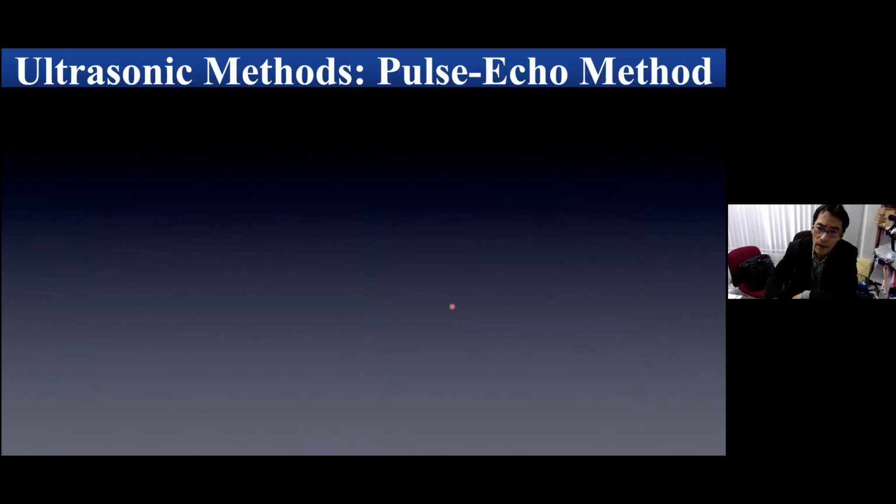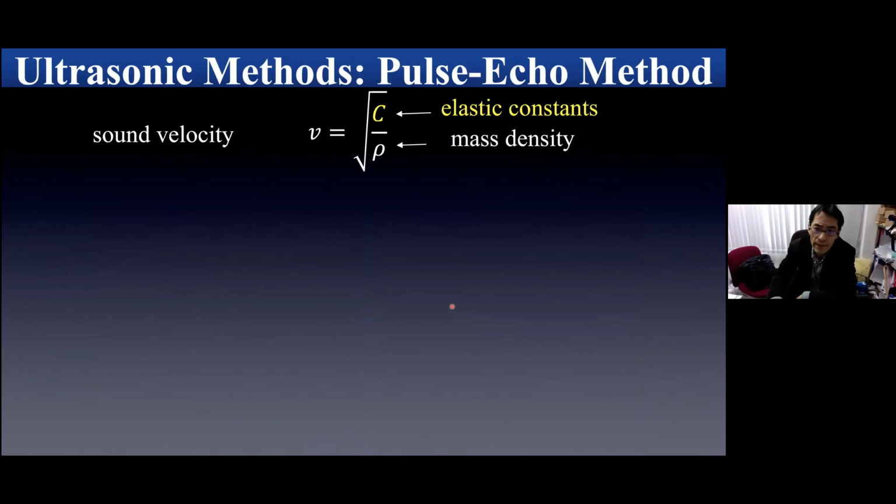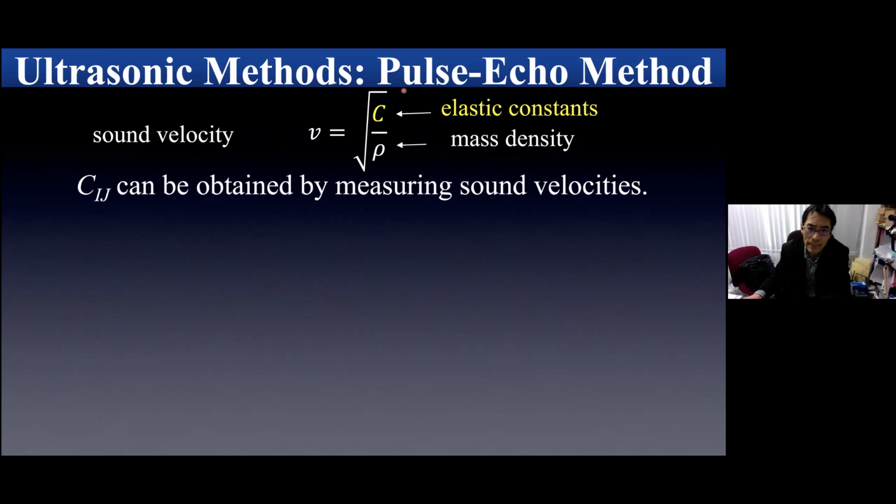Then sound has been used to accurately measure the elastic constants. A typical way to measure the elastic constant with sound is to use the picosecond technique. I will omit the explanation, but the sound velocity is dependent on the elastic constant and the mass density.